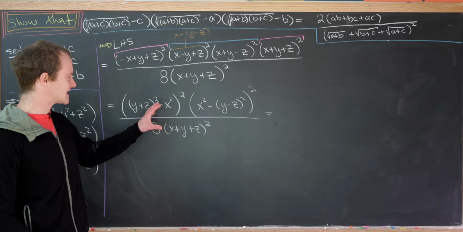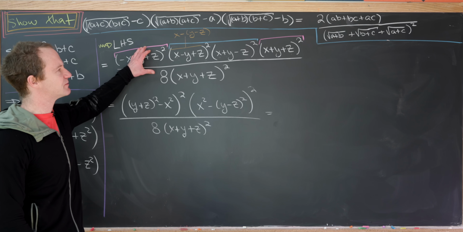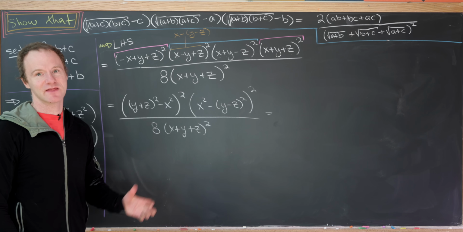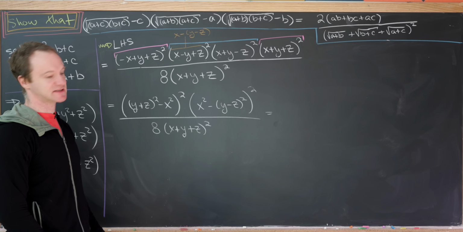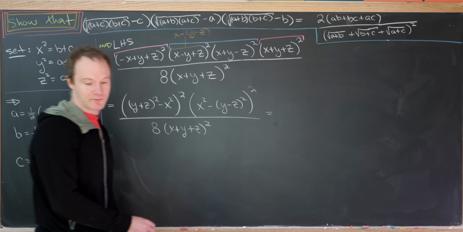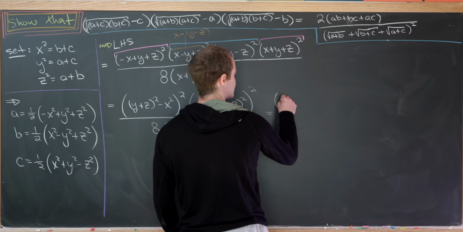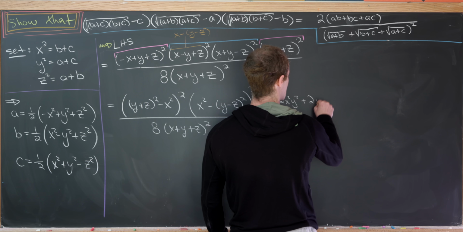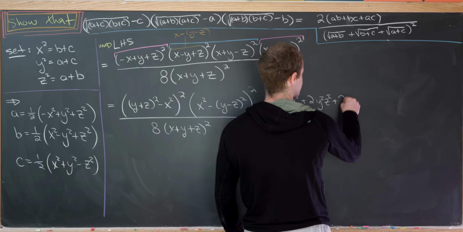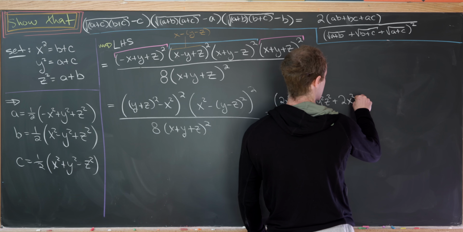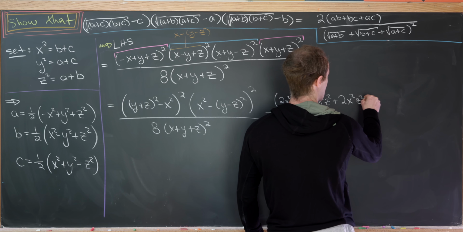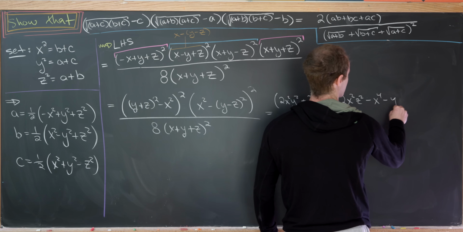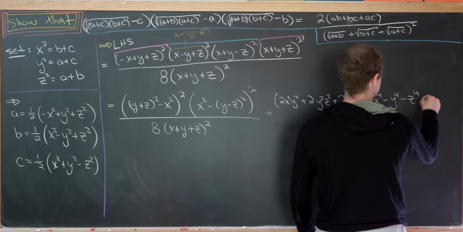Okay, and then we can expand this out, and we could have done this before, but writing it like that makes the expansion a little bit simpler. And what we'll end up with is the following. This will give us 2x squared y squared plus 2y squared z squared plus 2x squared z squared, and then minus x to the fourth minus y to the fourth minus z to the fourth.